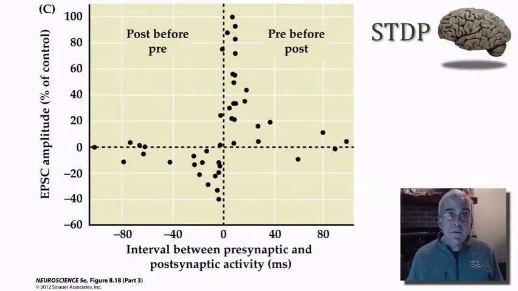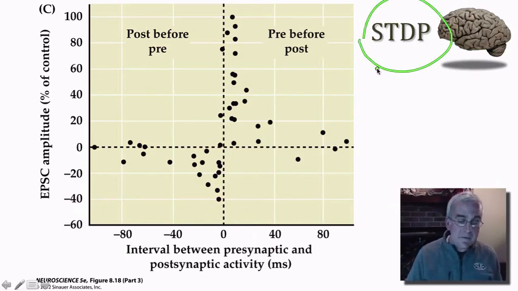When experiments such as these can be done over and over again, varying the interval between presynaptic activity and postsynaptic activity, it's possible to generate a function that now accounts for spike timing dependent plasticity.